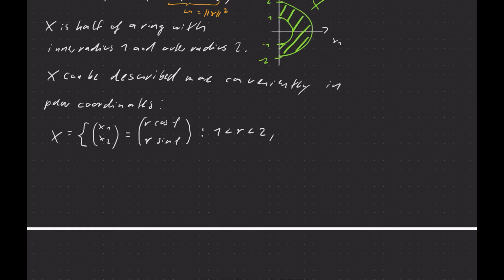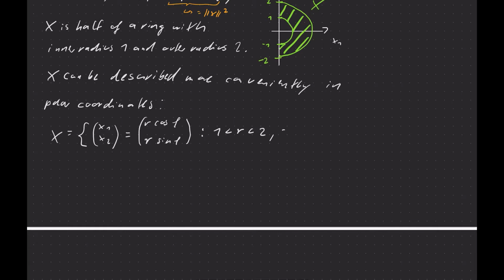And the angle, well, the angle of a point is basically this part here, so that's phi. And that varies between this angle here, that is pi over 2, and this angle here, and that is minus pi over 2.